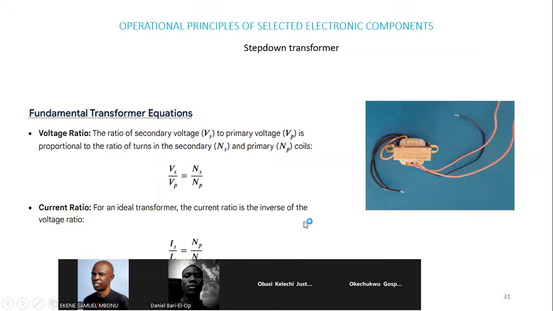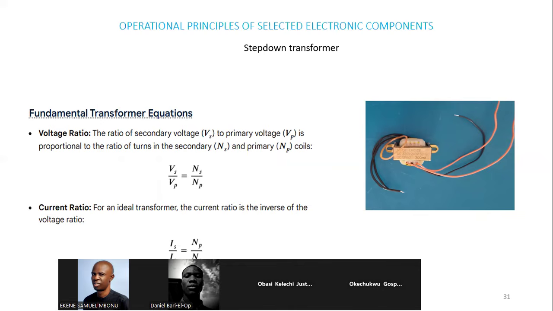That's it on regulator. We go back to step-down transformer. A transformer is actually a device that helps us to transform energy from one form to another. It's an electromagnetic device.